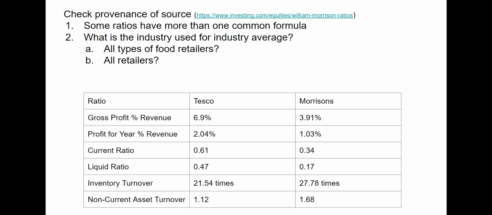Not that necessarily it's inaccurate, although I'm sure there are sources of information online that are inaccurate or possibly 2 or 3 years out of date. I don't think so with the one I've used, but I certainly don't know all the ratios that they've used and which formulas they've used, and I'm fairly certain that their market standards are the retail industry in general, including clothes, hardware, electrical goods, as well as food, rather than being specific for food retailers.